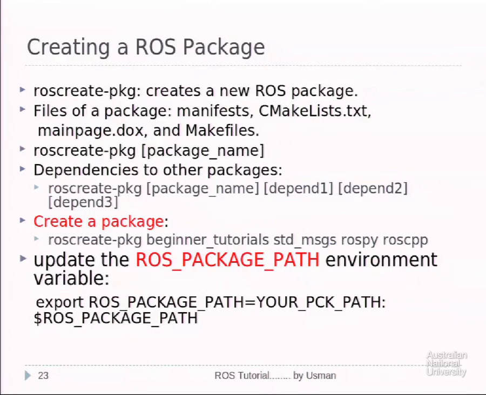So you have to tell ROS, or the filing system, that you have created this. There is an environment variable which you update, like if I have made one package, I will inform the main file system that I have created it.